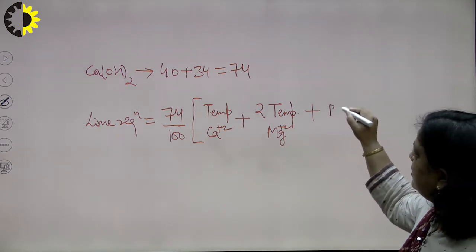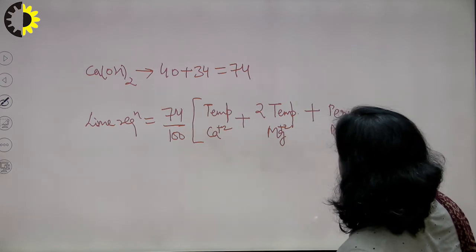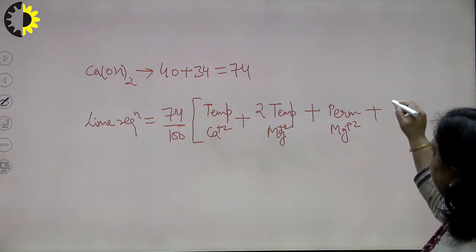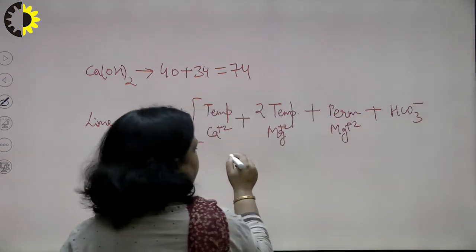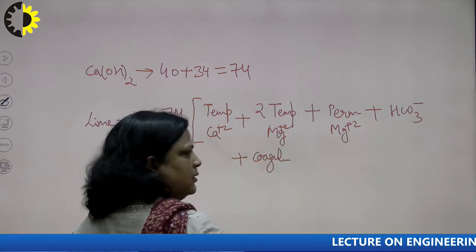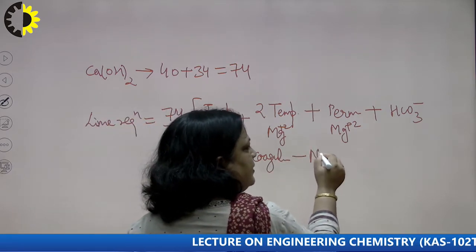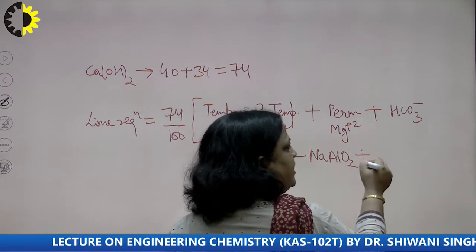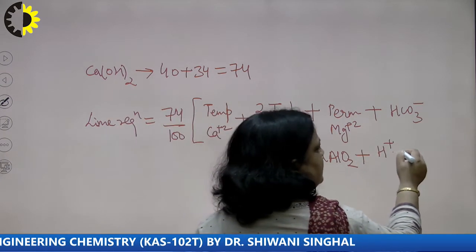So, permanent Mg plus 2, it may be magnesium chloride, magnesium sulphate, whatever, plus bicarbonate plus, if coagulants are there, but if sodium aluminate is there, it is minus L. So, minus NaAlO2 plus, if acidic impurities are there like HCl, H2SO4 or whatever, plus CO2.